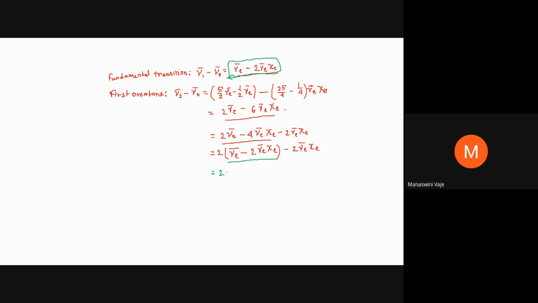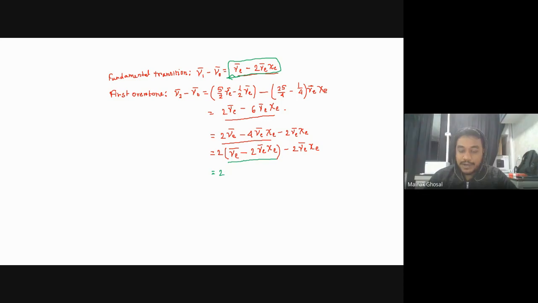Yes, sir. Exactly. So this is nothing but the wave number corresponding to the fundamental transition. And in the question it was mentioned that it is 4000 centimeter inverse. I'm putting this 4000 because for the fundamental transition the energy difference needed is 4000 centimeter inverse.